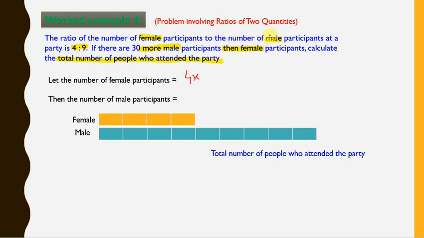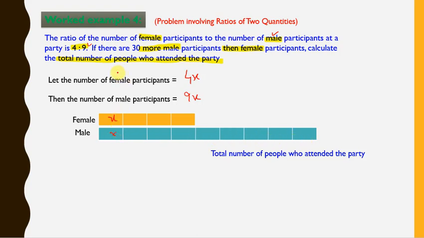The number of male participants is 9, so that will be 9 times x. So let one member be x; as there are 4 female members, it is 4x. 1, 2, 3, 4, 4x. And as there are 9 male members, that will be 9x.